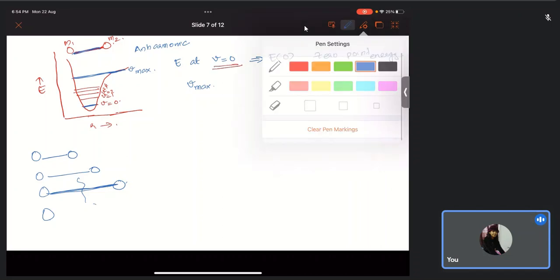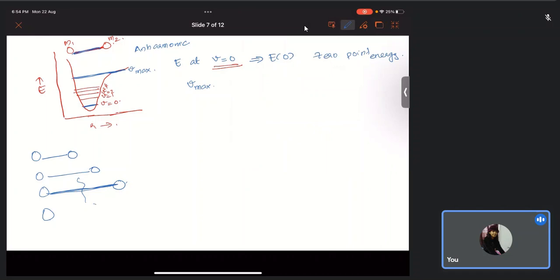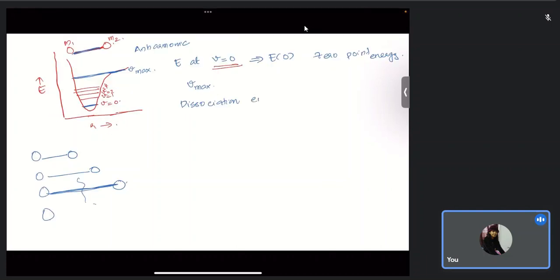So the next thing is going to be dissociation energy. So dissociation energy is what we have been asked to calculate. So dissociation energy is equal to E max minus E of 0. E of 0 is the zero point energy.